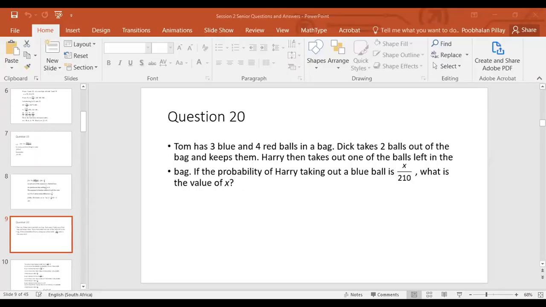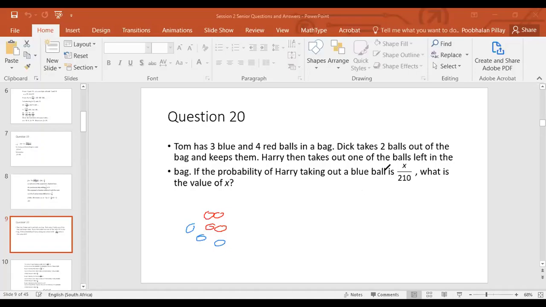Okay, so let's just try to. So he's got 4 red balls and he's got 3 blue balls. I can actually choose the colors here. I'm not going to do that all the time because it takes up too much time. So this is what he's got inside his bag.